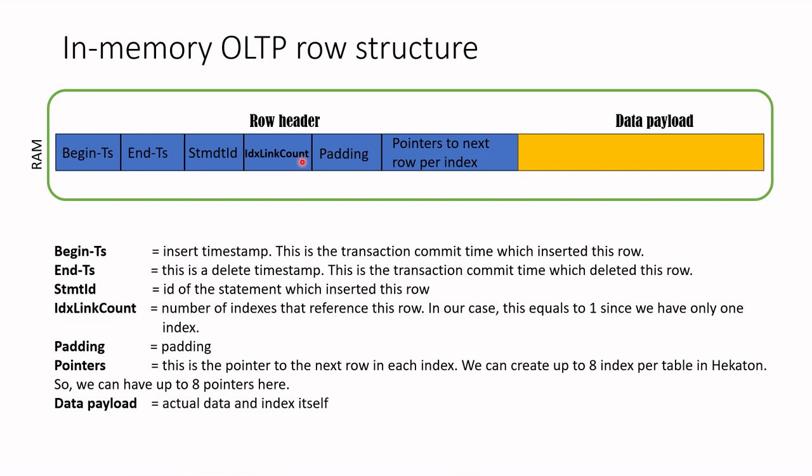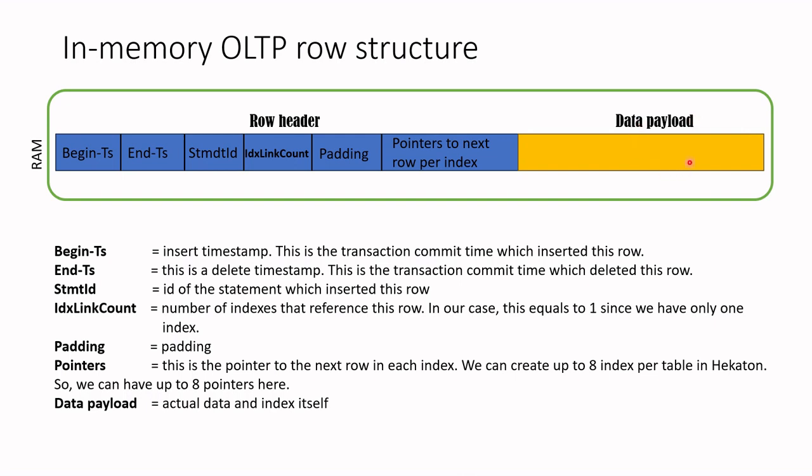Then comes padding. After padding, there is a pointer. This is a pointer to the next row in each index. We can create up to 8 indexes per table in Hekaton, so we can have up to 8 pointers here. Since we have only one index, we have one pointer.